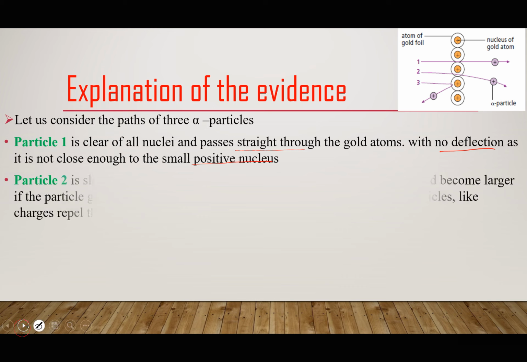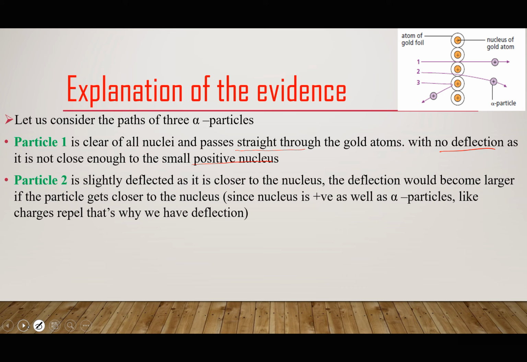If we look at particle 2, it is slightly closer to the nucleus. Therefore, it experiences some deflection. Why is it experiencing some deflection? Alpha particles were already established to be helium nuclei, which were positively charged. When they come close to the nucleus, if they undergo deflection, it is only because they are being repelled by something which has the same charge as themselves.